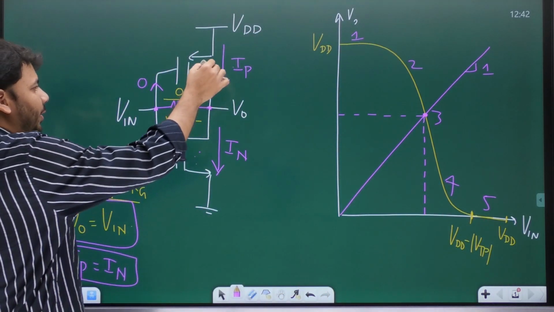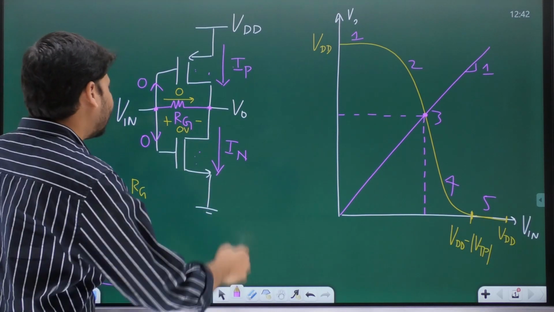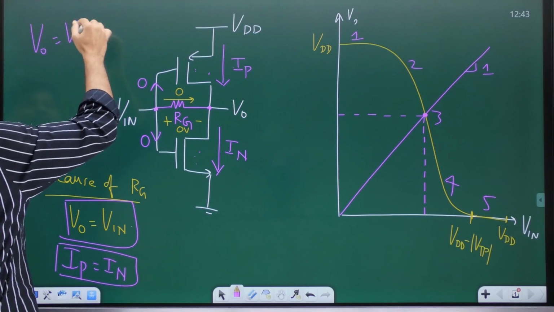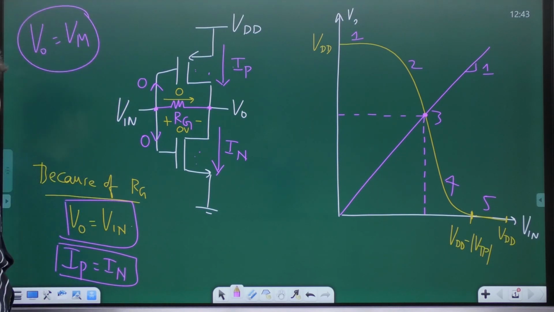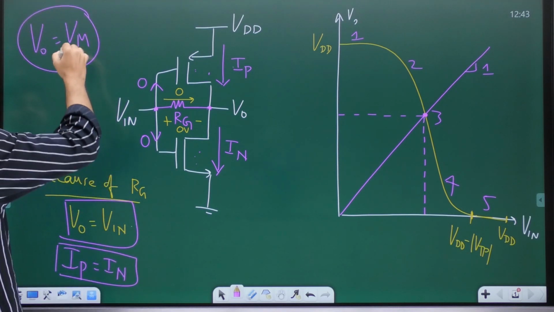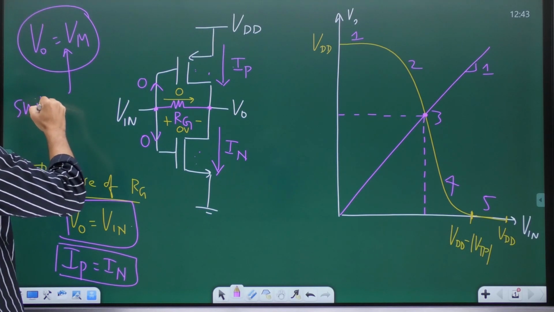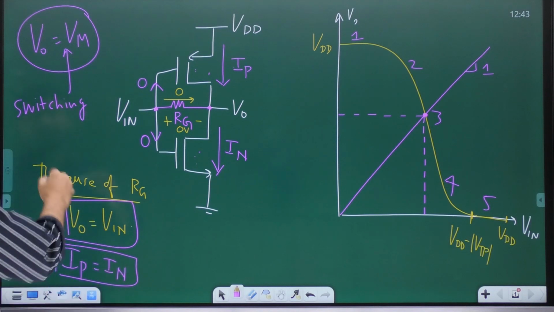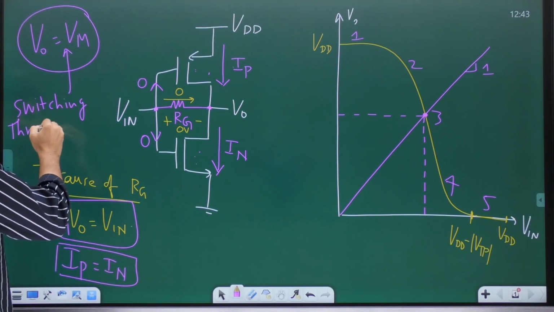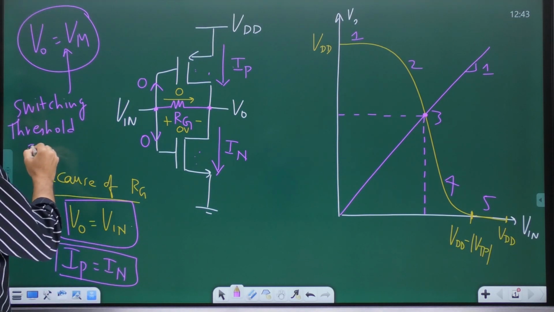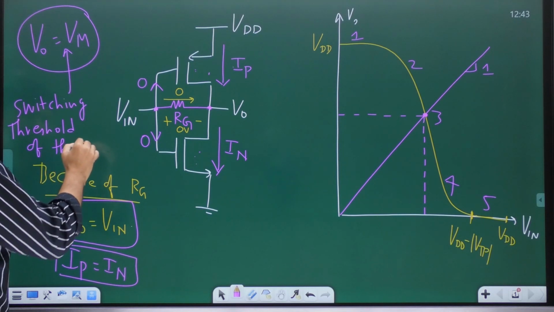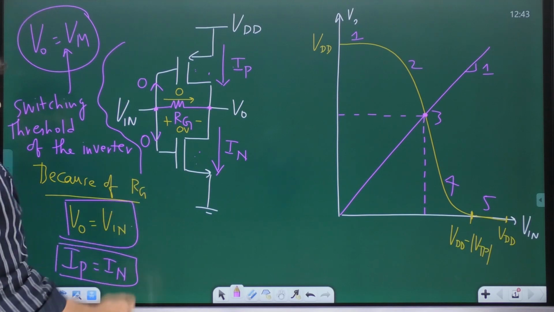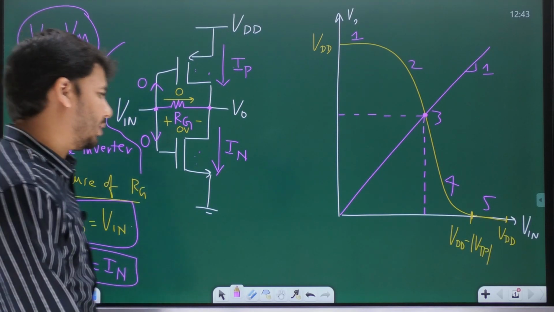So when you equate IP and IN and solve for V0, let the value of V0 that results be denoted by Vm, and this Vm is known as what? The switching threshold of the inverter, okay? So it is called the switching threshold of the inverter.